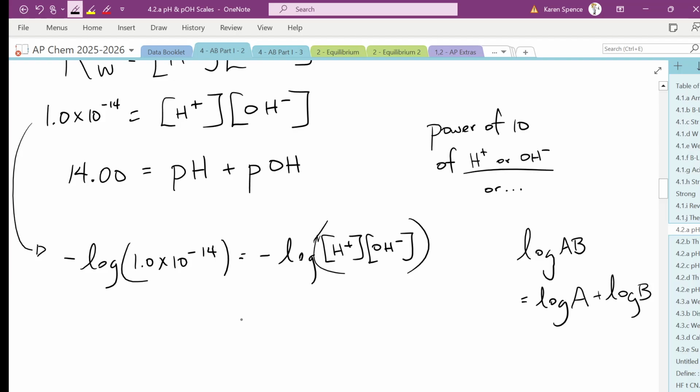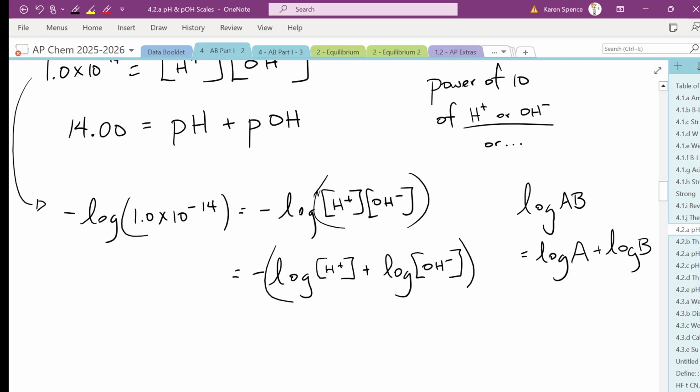So we can say that's the negative of the log of H plus the log of OH.